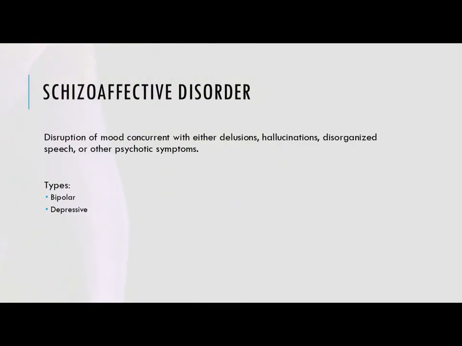So you have these two things happening at the same time. And the psychotic symptoms must occur for at least 2 weeks in the absence of a major mood episode as well. And then the mood symptom must be present for the majority of the duration of the illness.